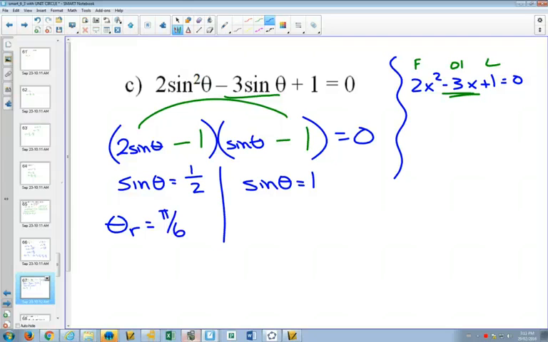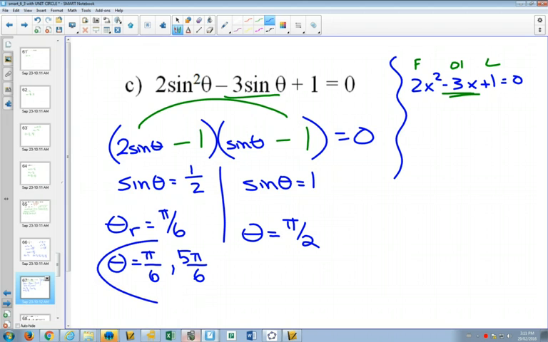Pi over 6 family. What quadrants? Quadrant 1. Quadrant 2. Is the y coordinate ever equal to 1? Yes, at pi over 2. So this question has 3 answers.